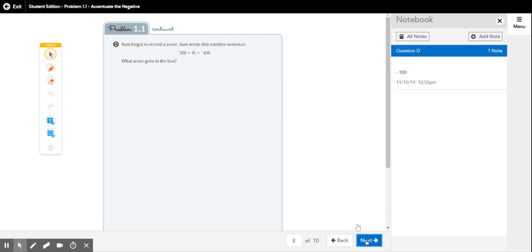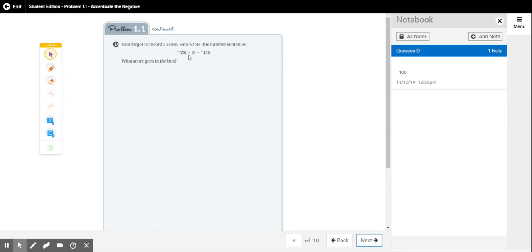So here, Sam forgot to record a score and he wrote this number sentence. What score goes in the box? Well, if the team was at negative 350 points and they ended up further below 0 with more negative points, then we had to have added some negative points, right? We added an incorrect answer. So we ended up more negative. So that's this plus sign.